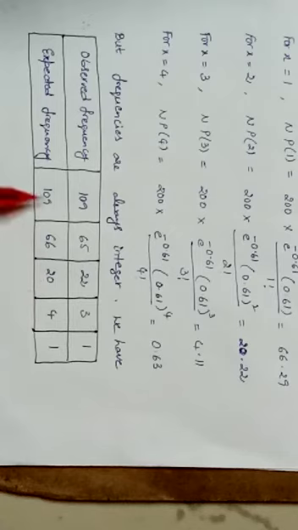So approximately the expected frequency is near to the observed frequency. This is the conclusion we have to give for the fitting of a Poisson distribution for the given data.